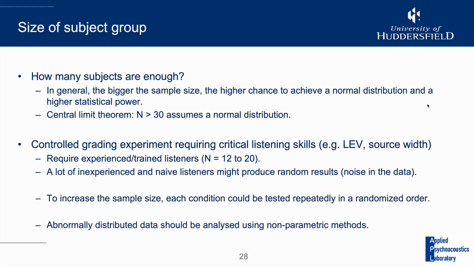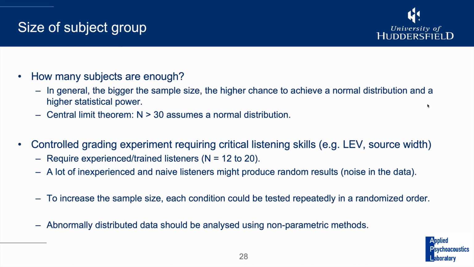But the answer for this question, how many is enough, really depends on the nature of the test. If you are investigating the effect of technical features on very specific low-level attributes like listener envelopment or source width, then you'd probably need more experienced or trained listeners who are familiar with the definitions and know exactly what to listen for.